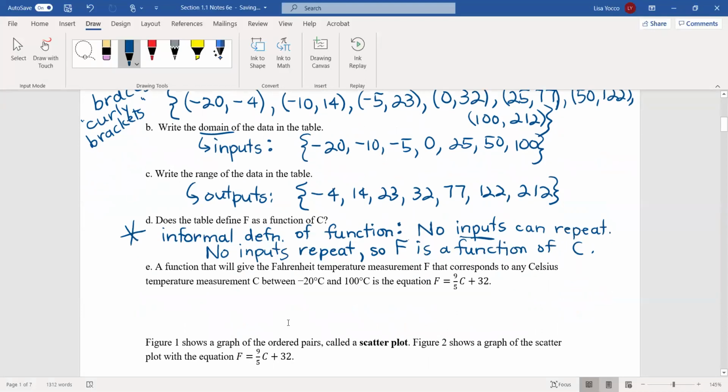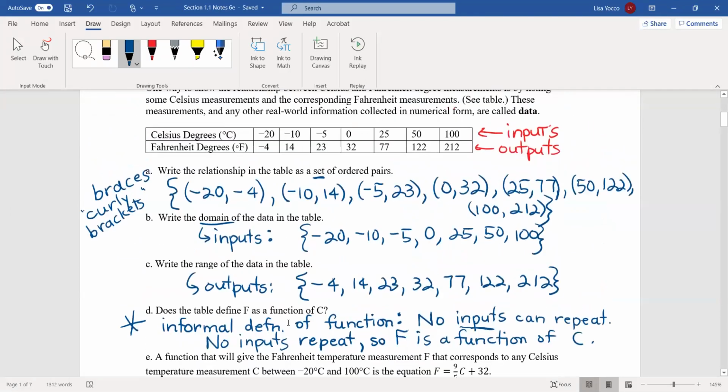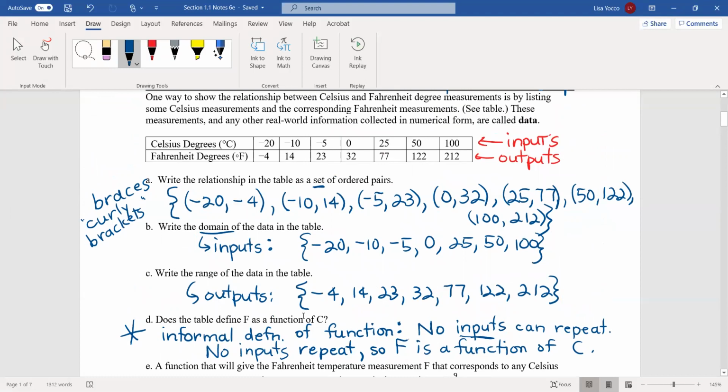Okay? Yoko? Yes? So when it says does the table define F as a function of C, does F and C stand for Celsius and Fahrenheit? Yes. Or are those just random letters? Okay. Yes, and you have a good point. Definitely the variables should be defined. So yeah, that's a good point.